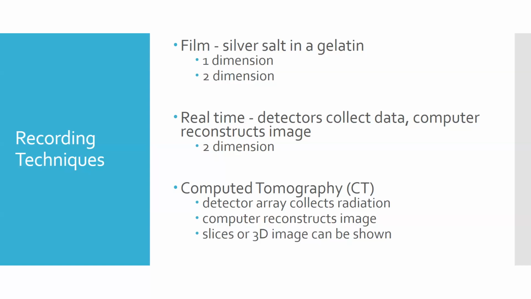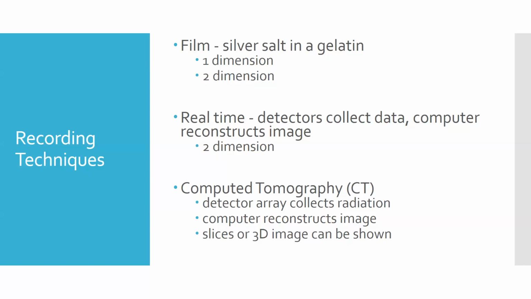Modern day, we've gone to real-time detection. So detectors that are semiconductors that can sense those different radiation sources striking the semiconductor. They sense the fact that there is radiation striking that semiconductor, and they can sense the intensity of the radiation.